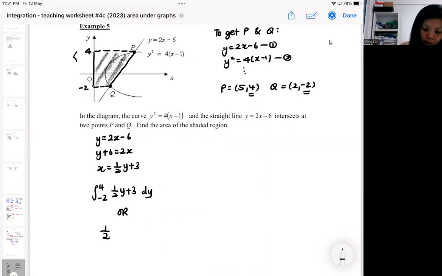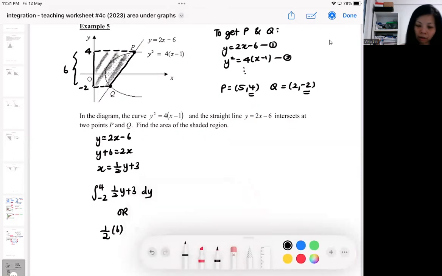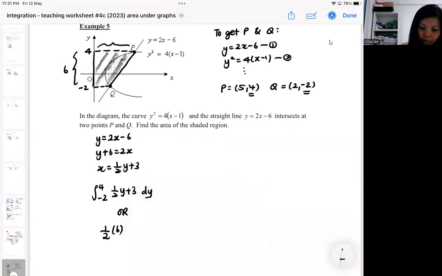Where is the height? This part is the height. Where are the parallel lengths? The parallel lengths are here. And how are you going to tell the parallel lengths? You tell by the x coordinate. So that will be 5 plus 2.